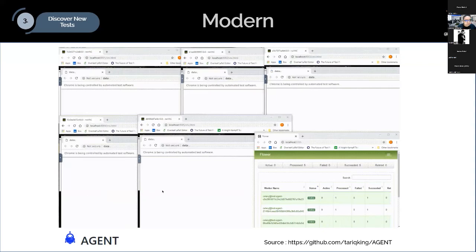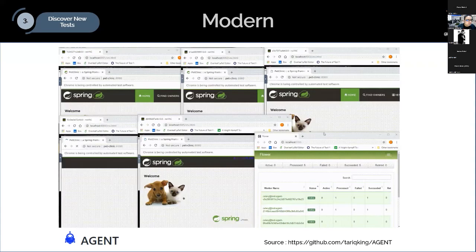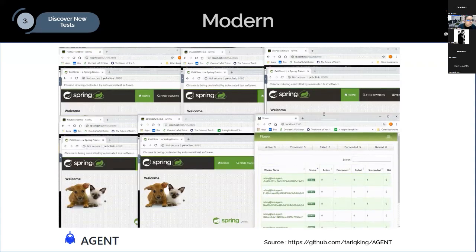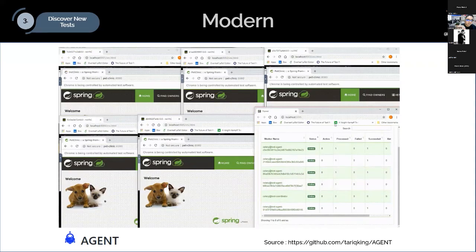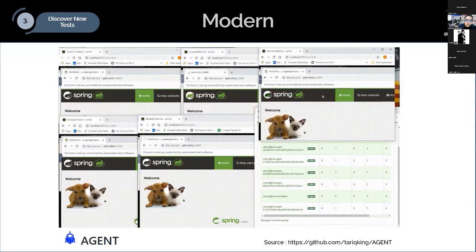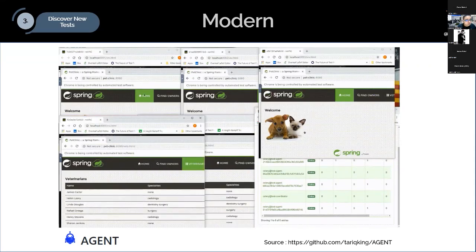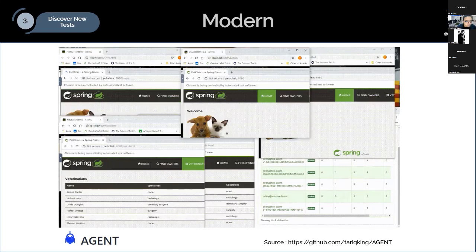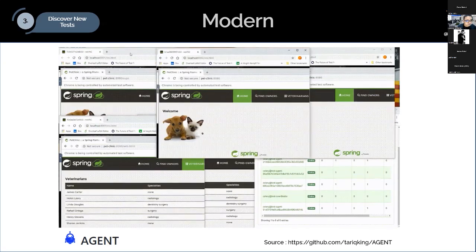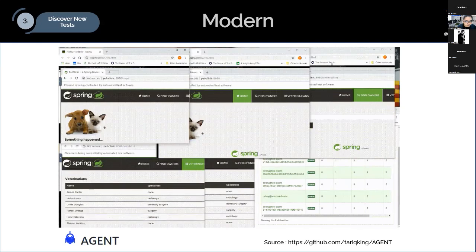This is an example of agentic AI generation exploration in test, where it is skimming through the application platform, exploring the entire website and evaluating running tests, fields and forms on this particular platform and giving you the collated result that you see on the screen here. So this is the modern way of discovering tests right now, and you no longer need to have Excels and stuff like that. If you're interested to know more about this project, you can go to the GitHub profile I mentioned, Tariq King/agent, where you will get the idea of this particular project.